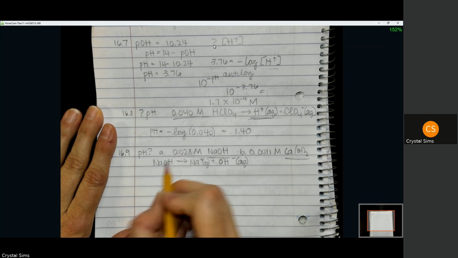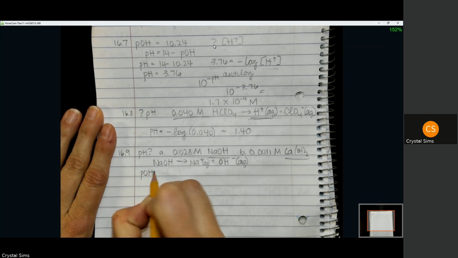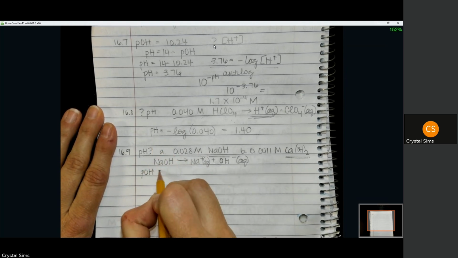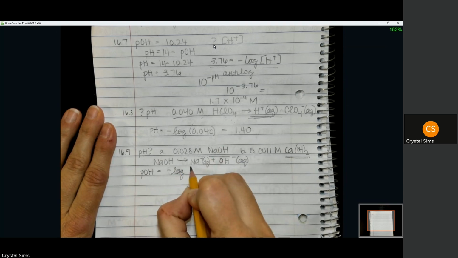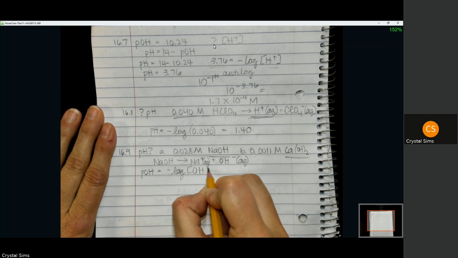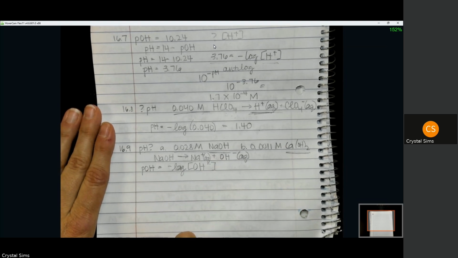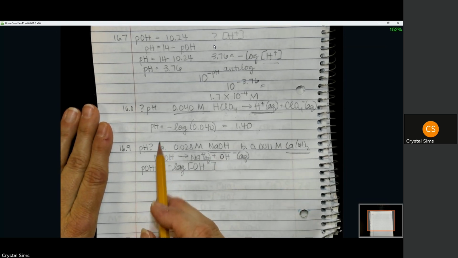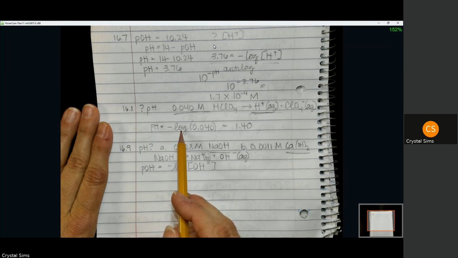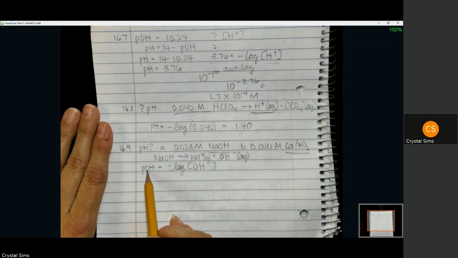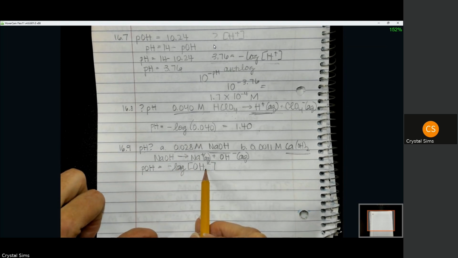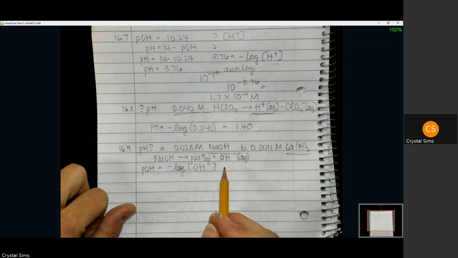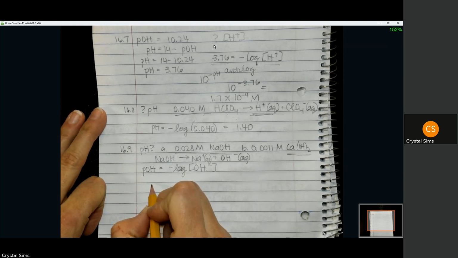So pOH is just like pH, except we're going to take the negative log of the hydroxide ion concentration. Okay, so they're exactly the same, except pH is the negative log of hydrogen ion, pOH negative log of the hydroxide ion. Okay, so let's work it out this way.